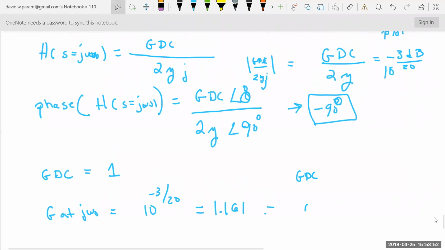So gain DC, sorry. Oh, wait, you know what? Something was wrong. You're right, because it should be 0.07. Hold on.